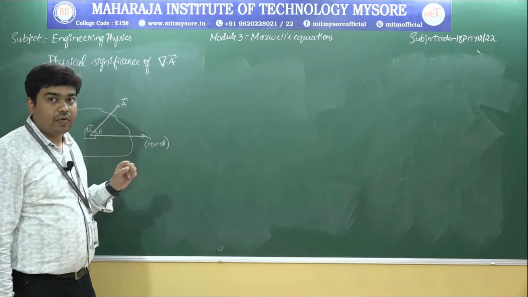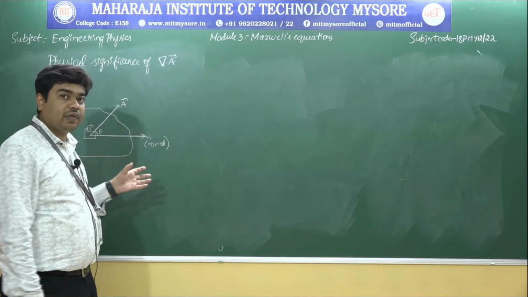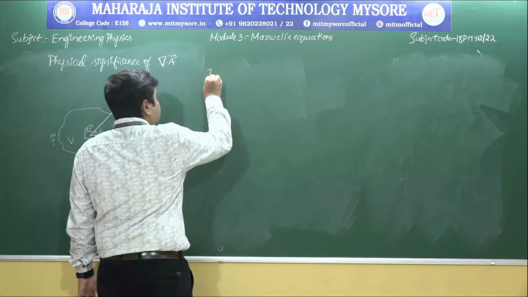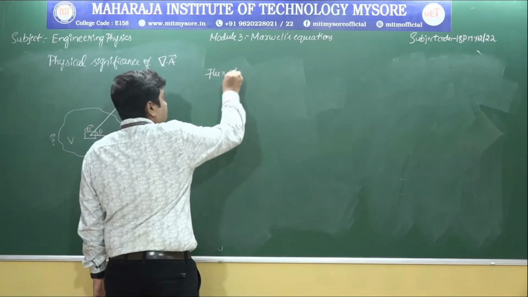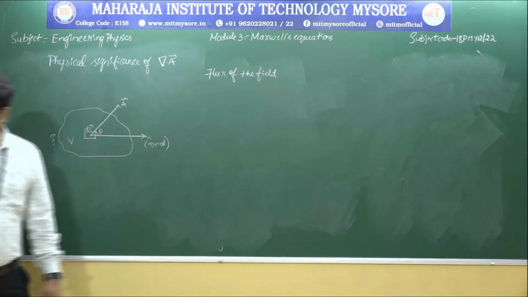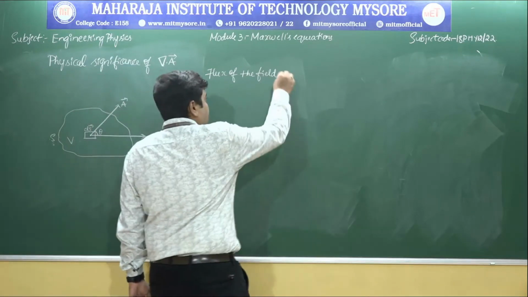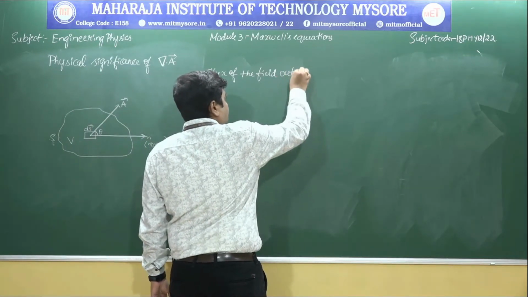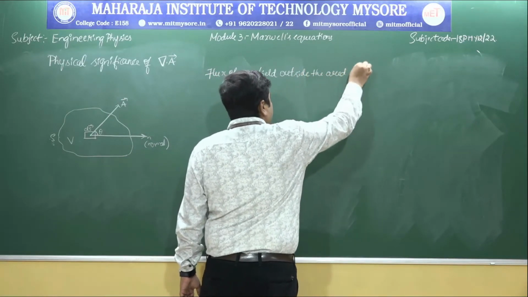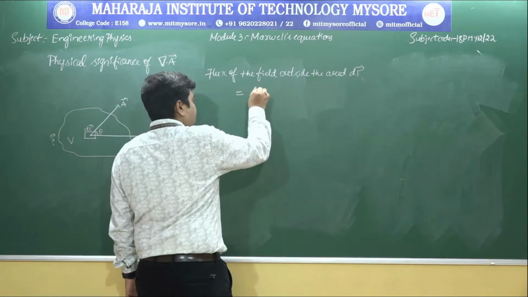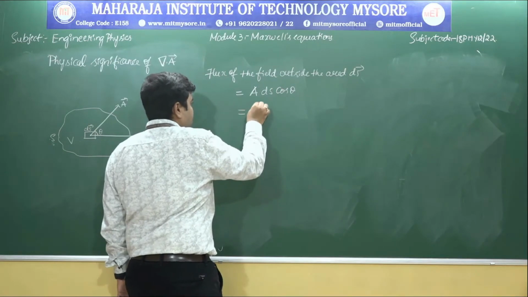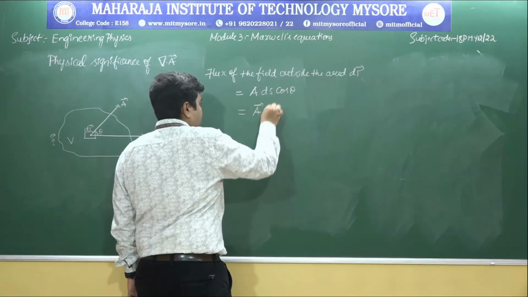We consider the flux of the vector field outside the small elemental area ds, which is A ds cos theta, also written as vector A dot ds.